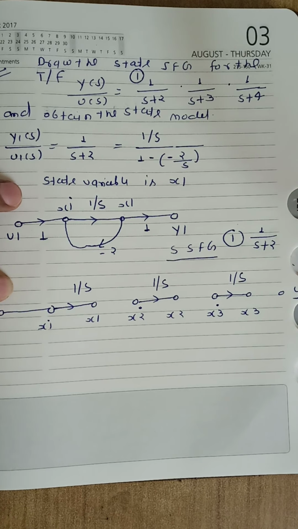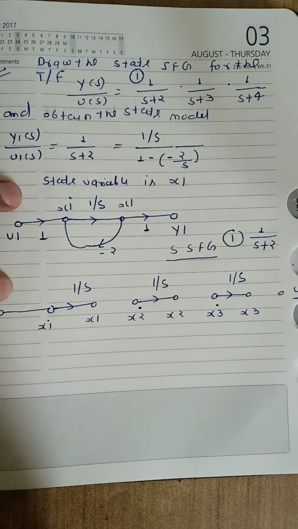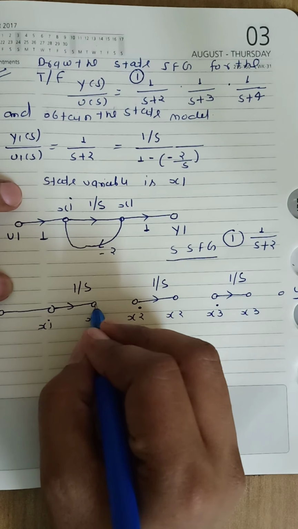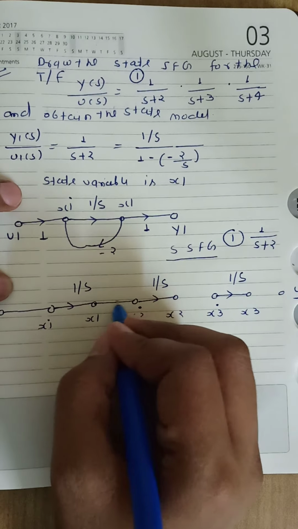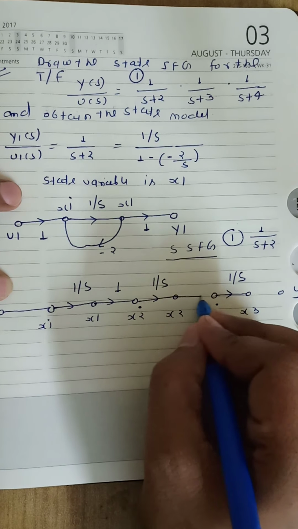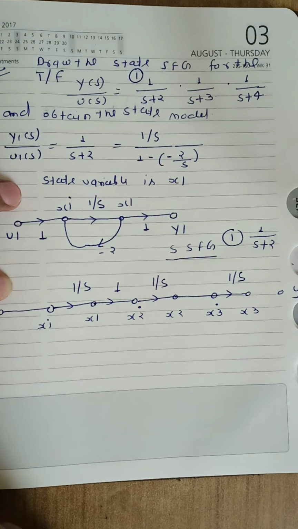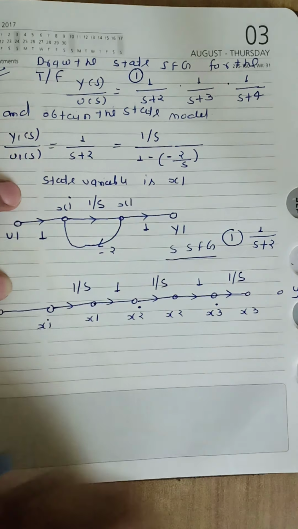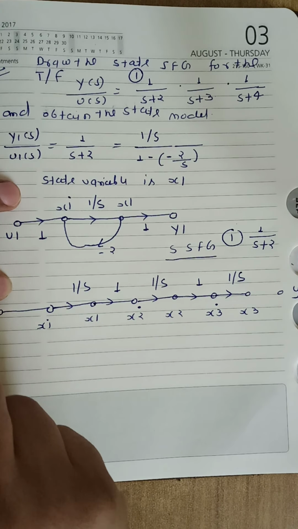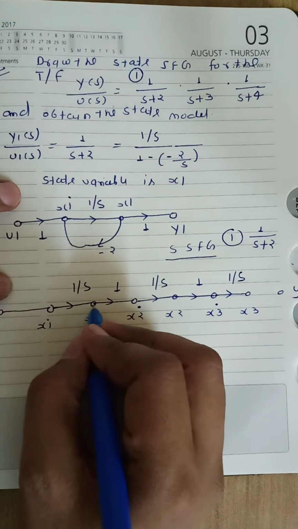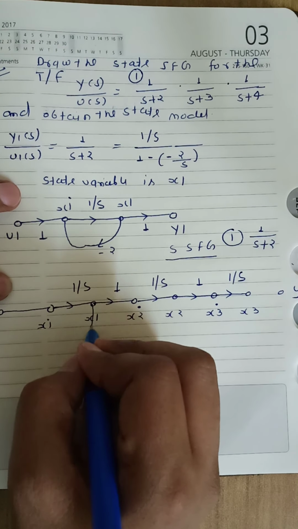We are connecting all three in a cascade manner. So between x1 and x2 dot we have branch transmittance 1. Similarly, between x2 and x3 dot we have branch transmittance 1. Now let us see. For first transfer function, we have loop gain minus 2 by s.